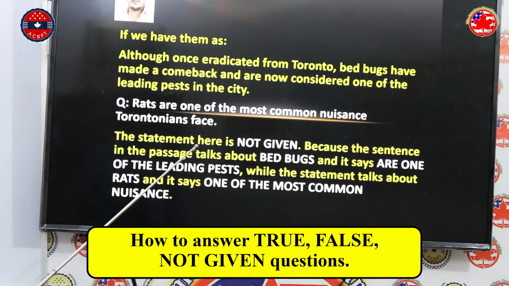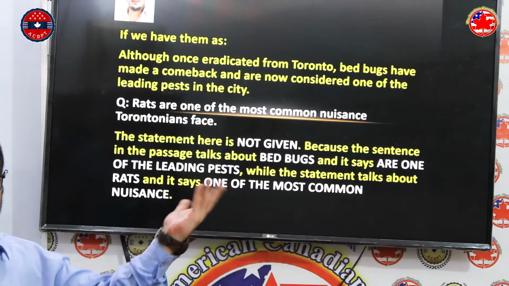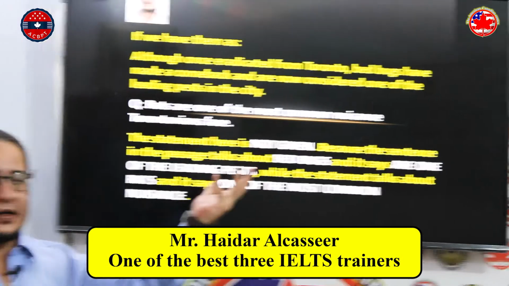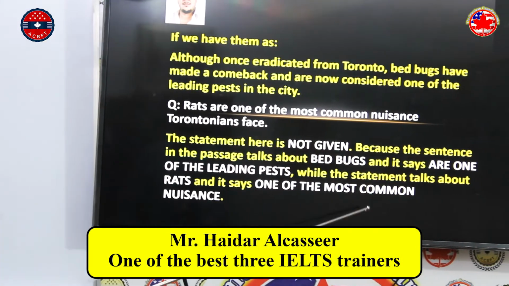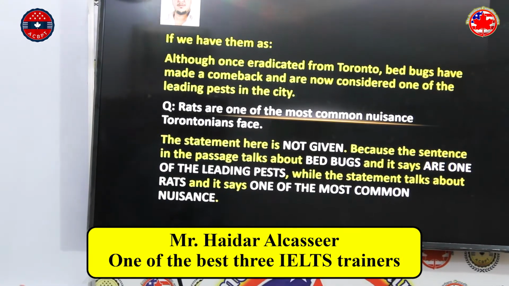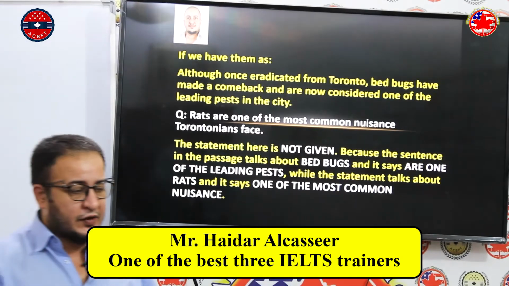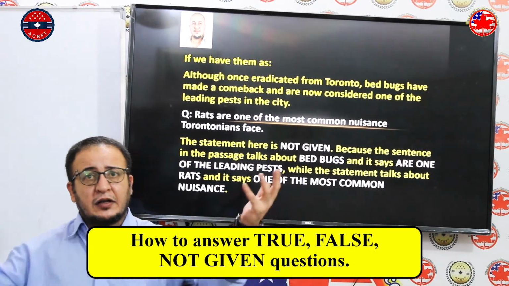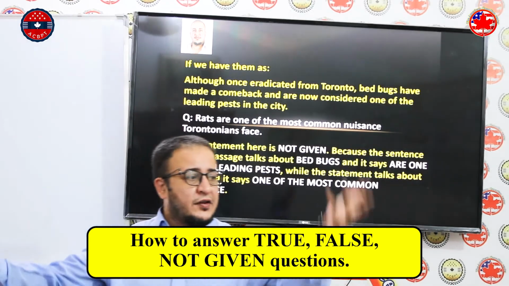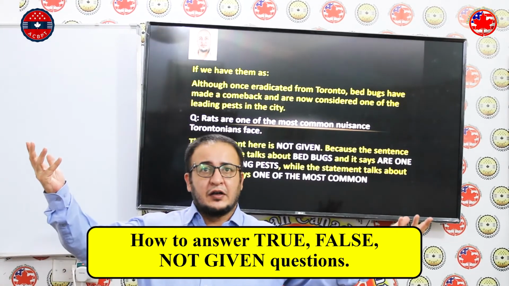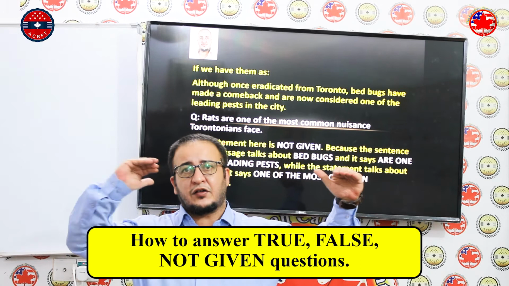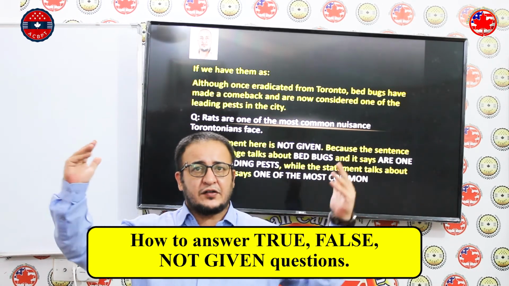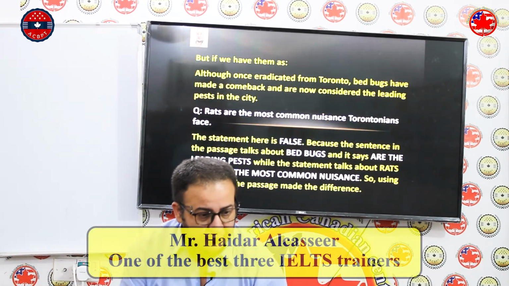The statement here is also not given because the sentence in the passage talks about bed bugs and it says they are one of the leading pests. While the statement talks about rats and it says one of the most common nuisance, which means also one of the leading pests. So this is one of and this is one of. So it doesn't say this one is or this one is. So in this case also it's not given.